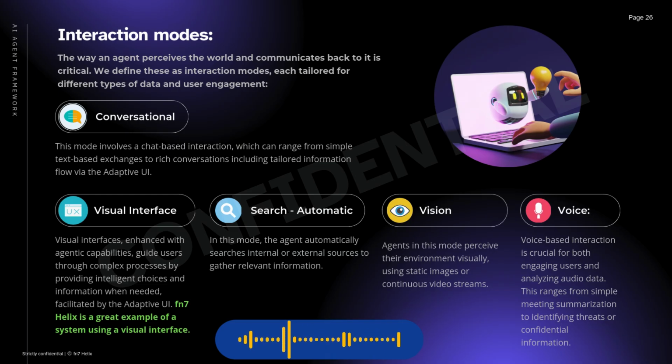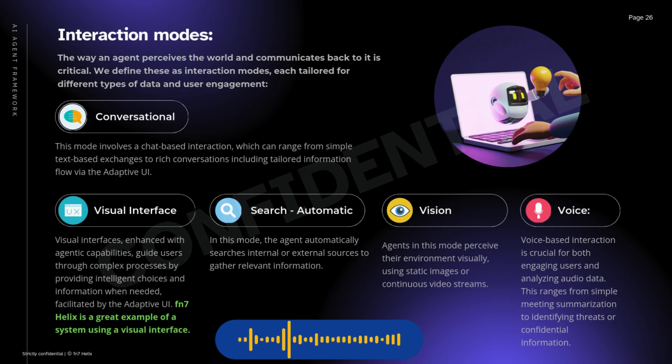Okay, so what are some of these interaction modes? All right, well, let's start with the most common one, which is conversational. This involves using natural language, like text-based chats or voice conversations. Right, like we were talking about earlier with those conversational agents that can handle customer service or internal support inquiries. And it's really amazing how far we've come in making those interactions feel natural and engaging.